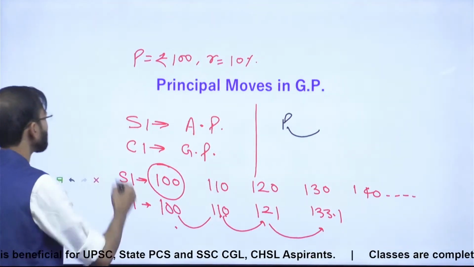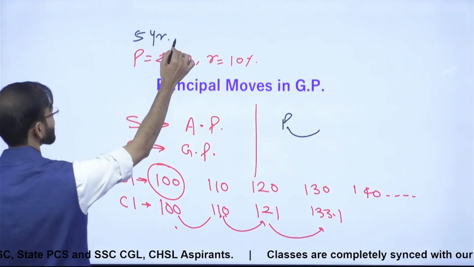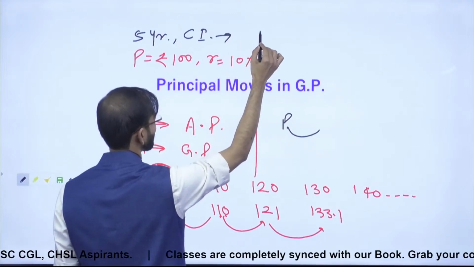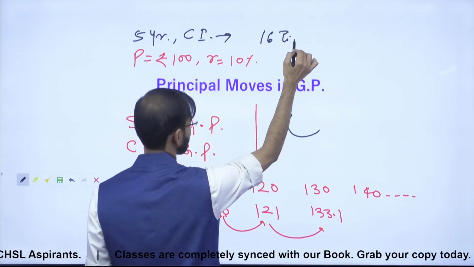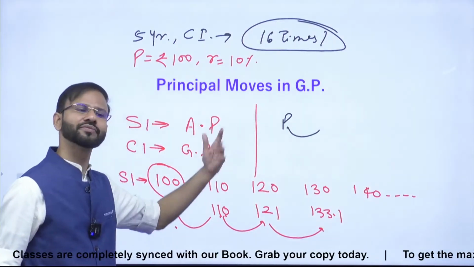The question is, principal gets double in 5 years, right? स्कीम CI का है. So with same rate of interest, in how many years it will become 16 times of itself?